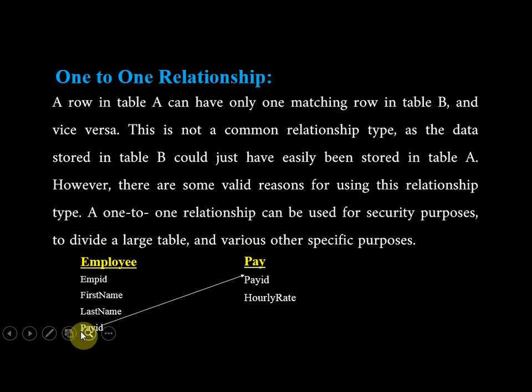So the common field here is pay ID. By using this pay ID, we can create a relationship. This pay ID is the common field between both tables. The employee table has pay ID, and the pay table also has pay ID. Employee ID is not in the pay table, so we cannot create a relationship on the employee ID.